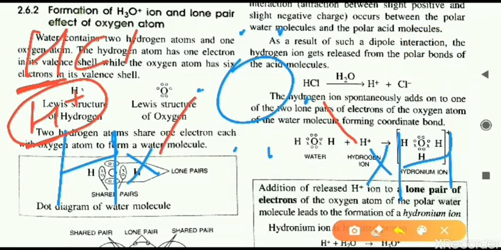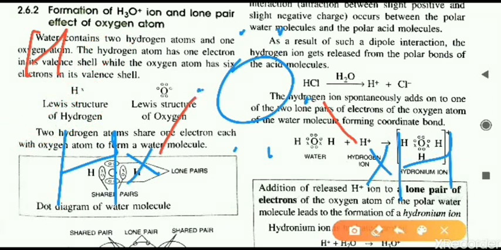This positively charged hydrogen from the acid will try to get bonded with the oxygen atom. It will request the oxygen atom to form a bond, and the oxygen atom, which already has a lone pair of electrons that is simply kept there uselessly, will say, okay, you take my two electrons, this lone pair, and we will form a bond.